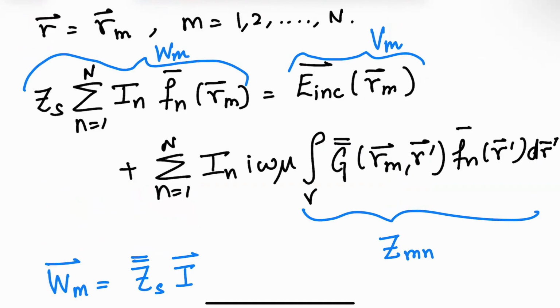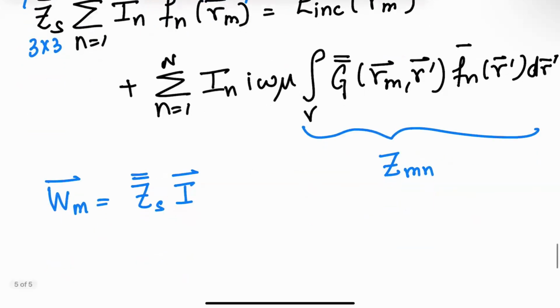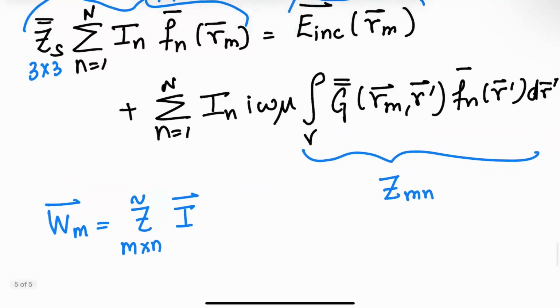Let me clarify. This is a 3 by 3 matrix, whereas this, maybe I'll call Z tilde rather than Z matrix. This is not 3 by 3. This is an m by n matrix, right?